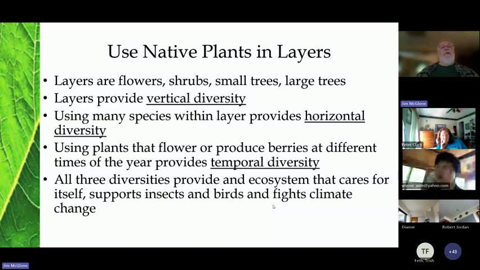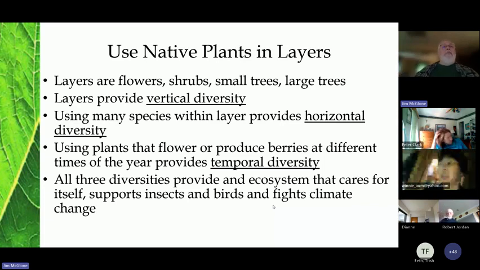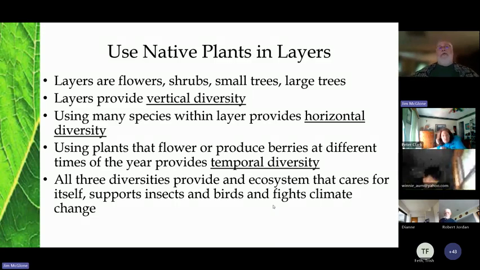That's what I mean by temporal diversity. It also means having spring ephemerals, spring flowers, summer flowers, and then late season flowers like the goldenrods and the asters. That's also temporal diversity.